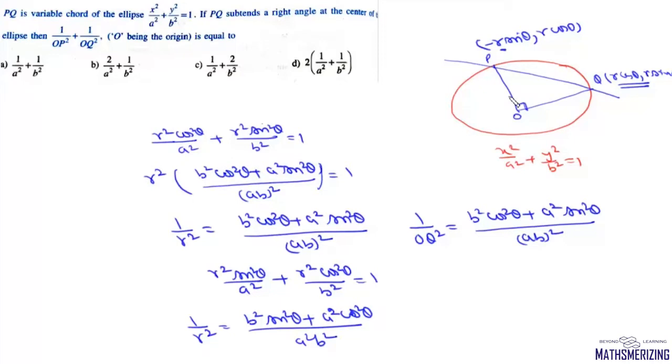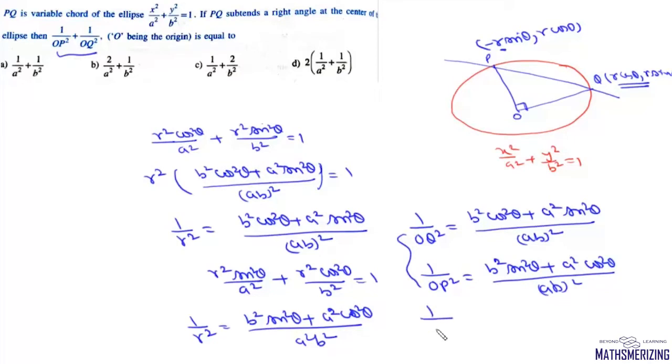Now this is OP, so we can write 1 upon OP square as b square sin square theta plus a square cos square theta upon ab whole square. Now we'll add them. Then we can write 1 upon OP square plus 1 upon OQ square will be a square plus b square upon ab whole square, and that is 1 upon a square plus 1 upon b square, and that's your option number A.